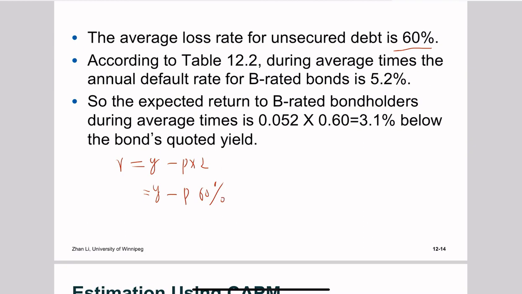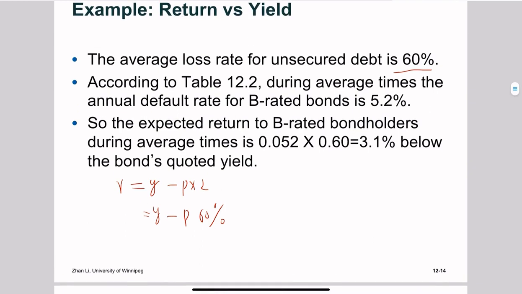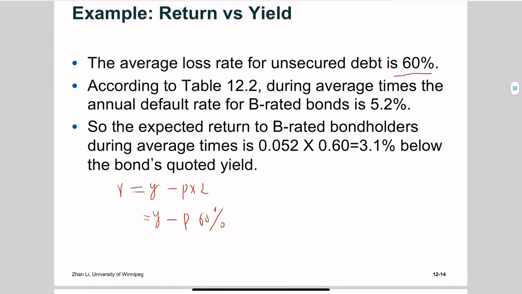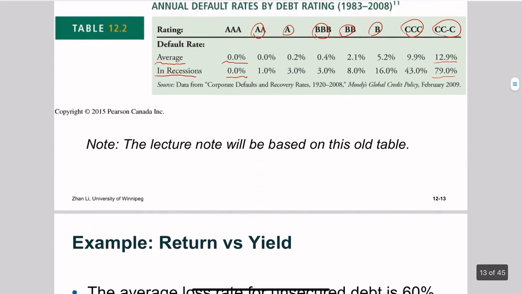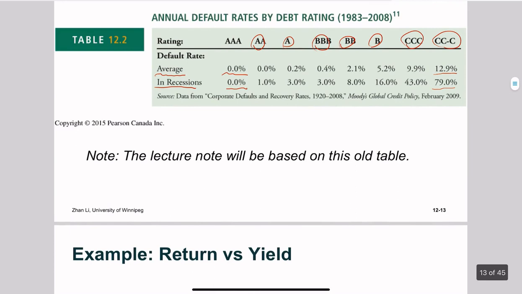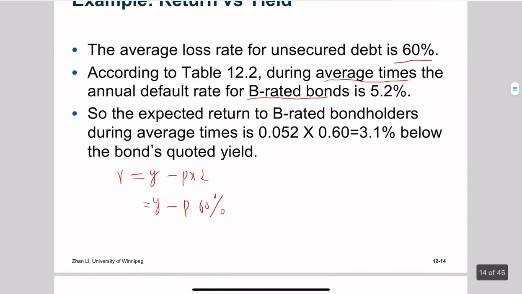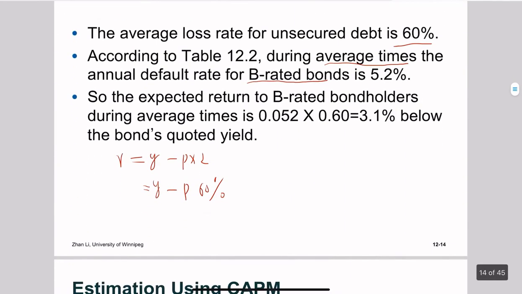Now, what is the P here? P is the probability of default, right? Let's say we're interested in the B-rated bond at average time. We check this table, and we find out in average time for a B-rated bond, its default rate is 5.2%. So here I would use 5.2%.